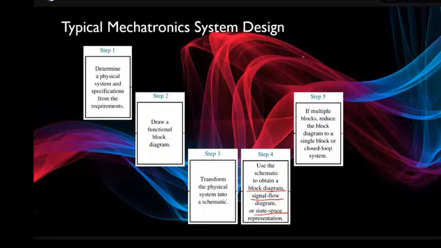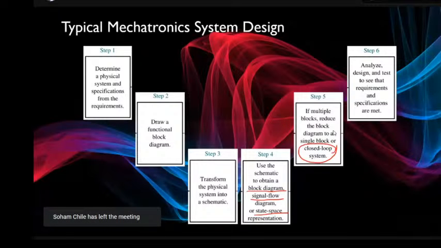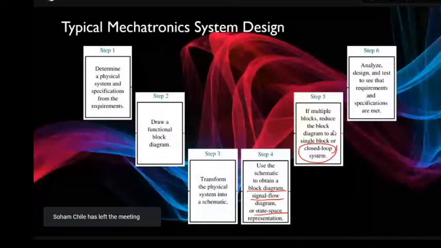Then multiple blocks are reduced to a single block, and we need to create a closed loop type of system. Closed loop means you are taking feedback, and based on that feedback, you are going to take an action. That kind of system is called a closed loop system. And then analyze it. So this is the way this entire mechatronics system works.